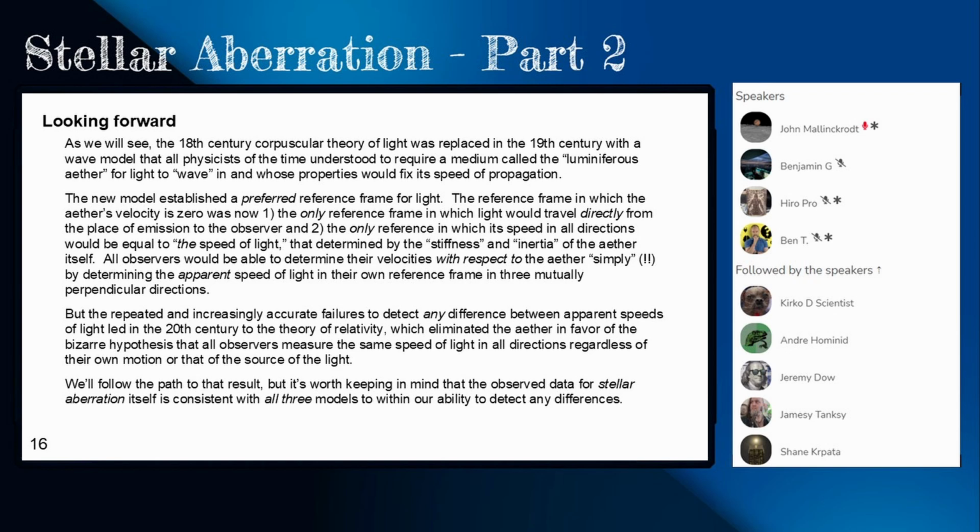This new wave model establishes a preferred reference frame for light. There are people who are at rest with respect to that reference frame, and those people have a preferred view of things because they see things where they were when the light was emitted.